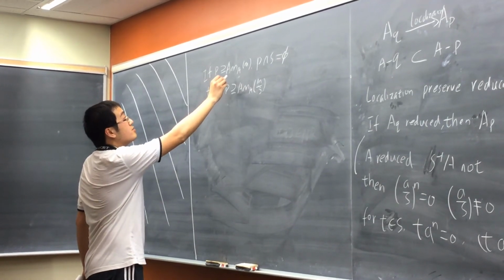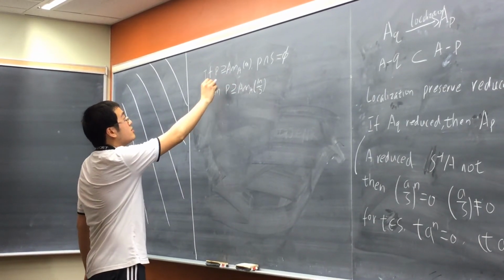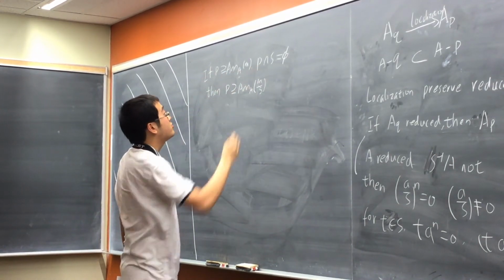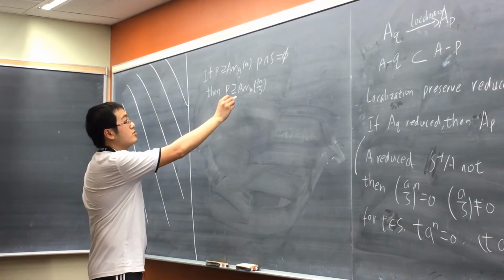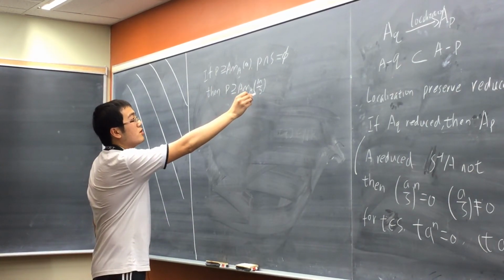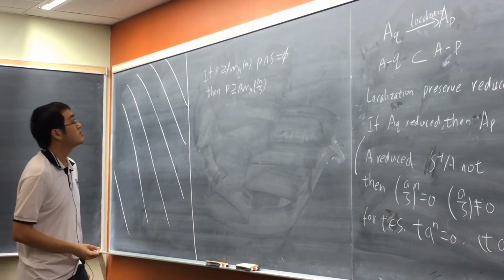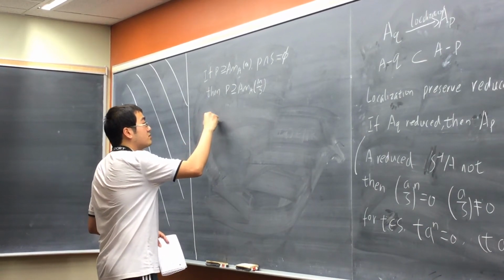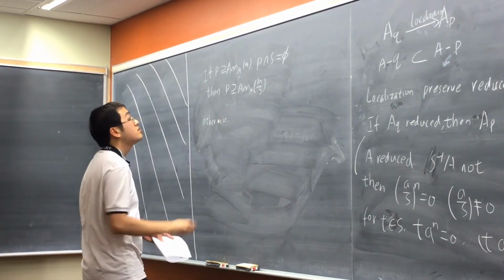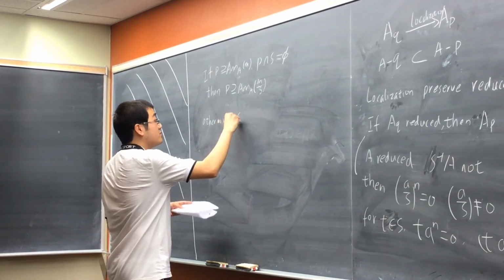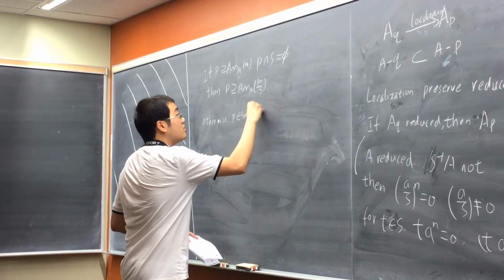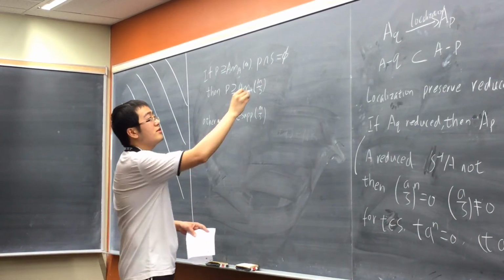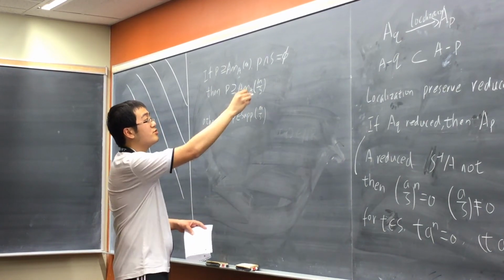If P is an associated point, so here P is any prime ideal containing this numerator, and P does not intersect with S, then we'll say that P is also in the support of this MS. So here, if not, then P is not in the support of MS. Actually, the S doesn't matter, so don't worry about which S we pick.